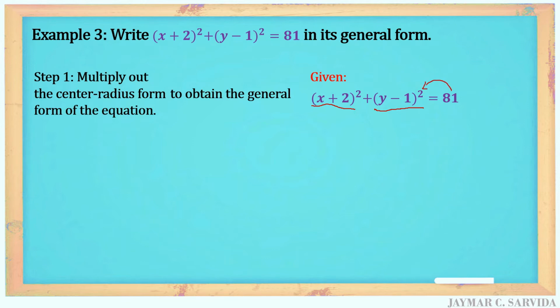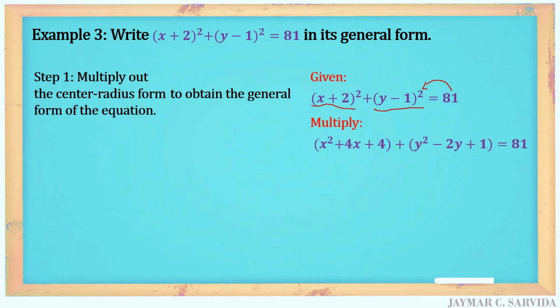So notice that in this form, we can clearly see that the equation of a circle has both x squared and y squared terms, and these terms have the same coefficient. Okay?